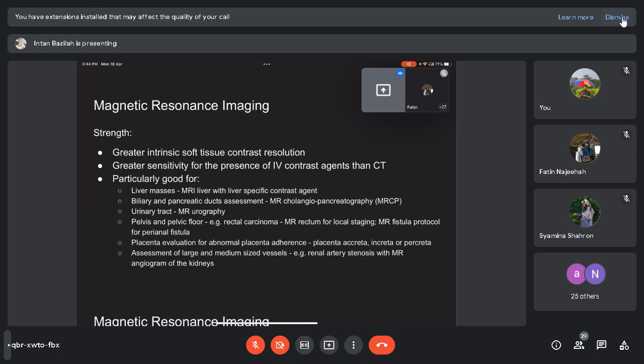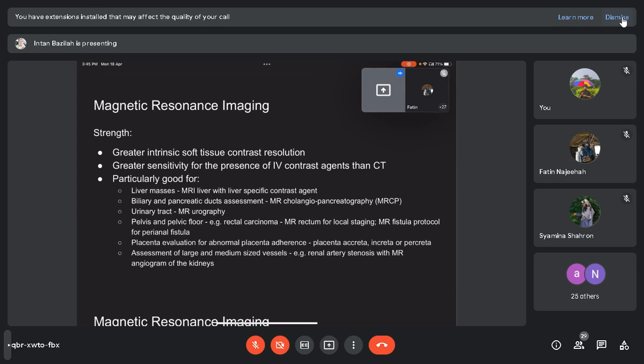For example, in MRI liver, we want to look for hepatoma. Usually if the patient has liver masses and we want to characterize the mass, we will do a CT liver protocol. But if it is inconclusive, we can proceed with MRI liver. What is the benefit of MRI liver?